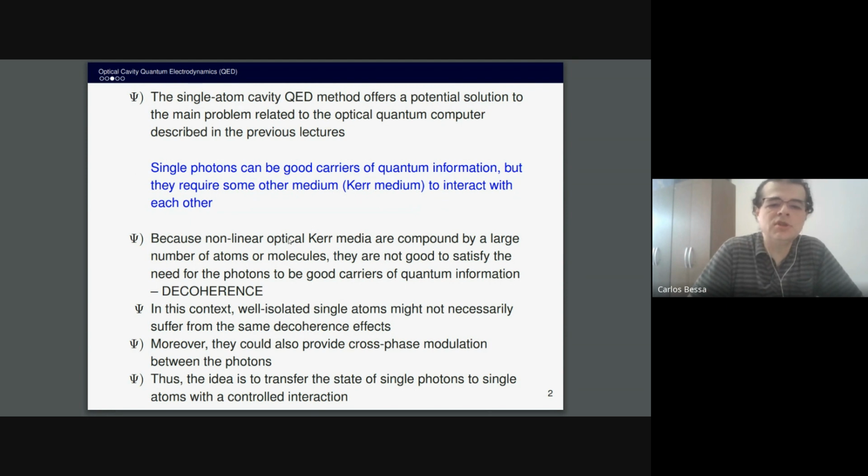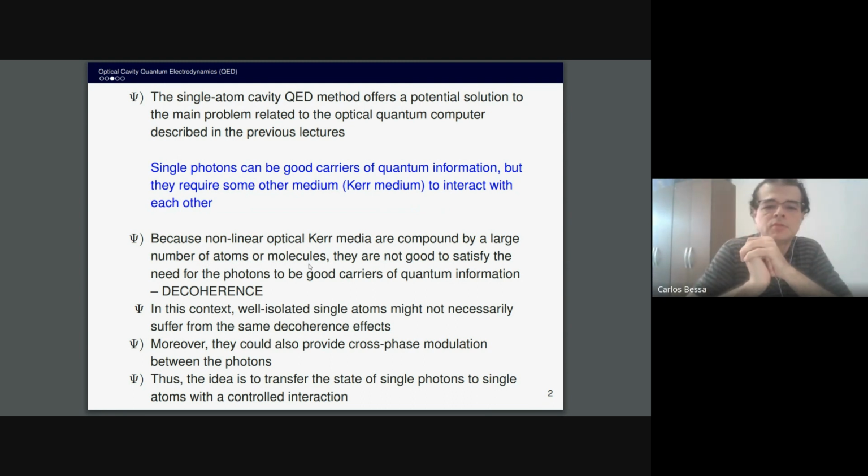And because nonlinear optical Kerr media are composed of a large number of atoms or molecules, and the susceptibilities are very small, with weak interaction, you still have this problem with the number of atoms and molecules that compose the media.